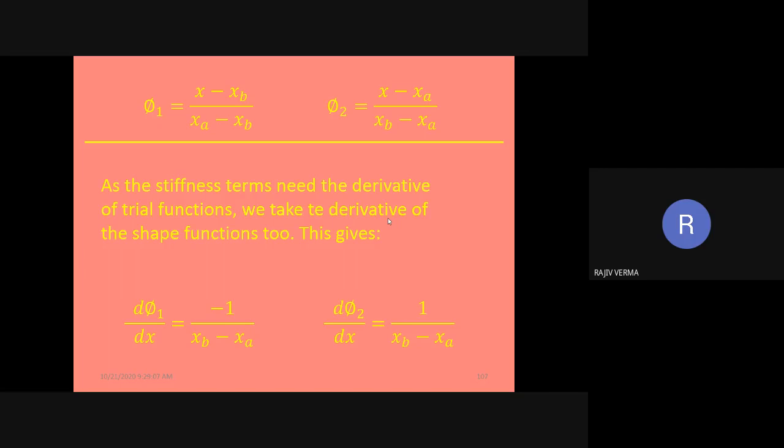And when you derive the derivatives, what you're going to get is d phi 1 by dx to be functions of x, which basically means that the value of the derivative is not going to be a constant quantity. It is going to vary as x is varying.